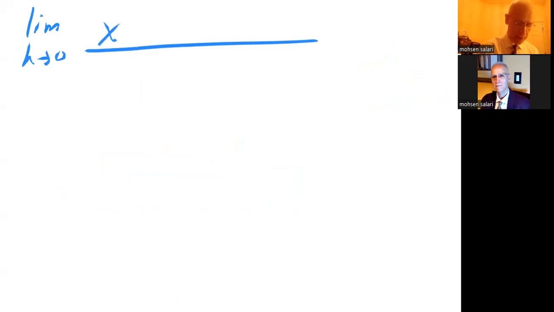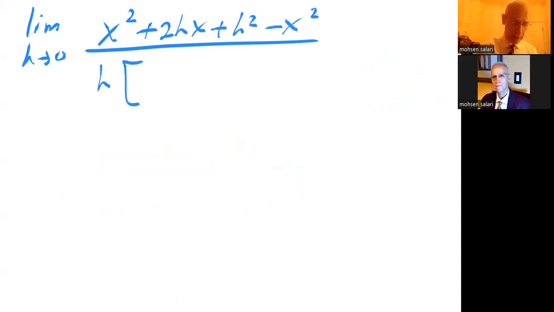And so now I have the limit as h is approaching 0 of x to the second plus 2hx plus h to the second minus x to the second, all over h times absolute value of x plus h plus absolute value of x.